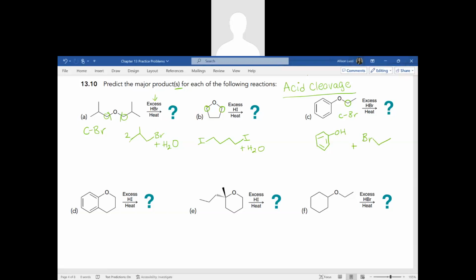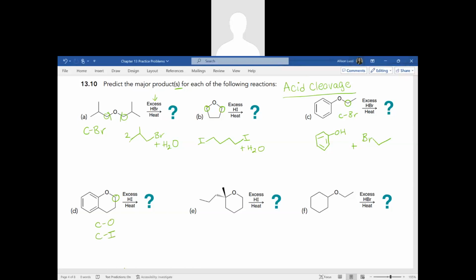So in part D here, again, we see only this carbon that is sp3 hybridized within this ether. So in this structure, when treated with excess HI and heat, that C-O bond will be cleaved and replaced with, instead of C-Br, we'll have C-I instead.